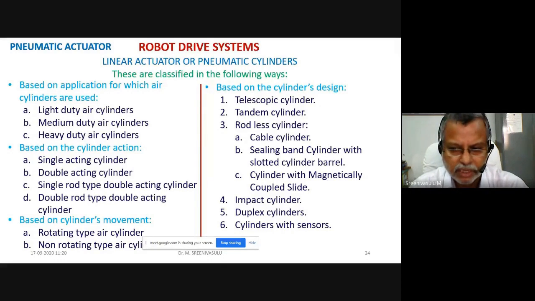But altogether, very simple applications you can consider as light duty. Reasonably heavier jobs can be considered under medium duty. Much more heavy duty tasks can be considered under heavy duty. That way, you can imagine.